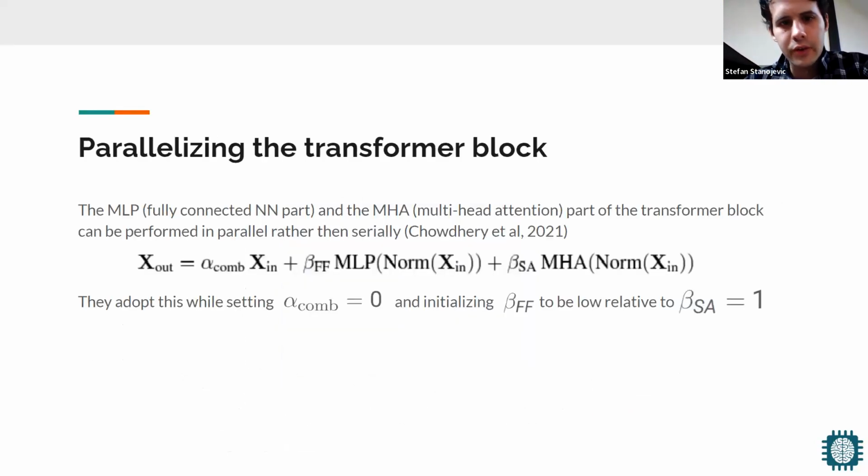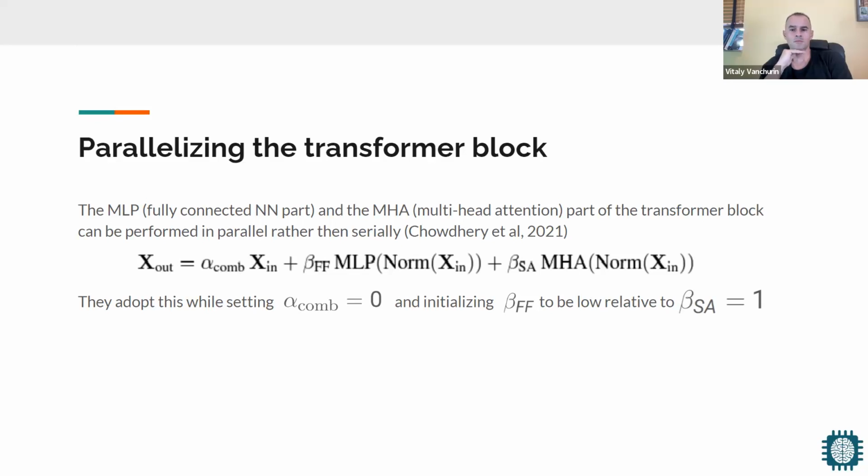But then one final thing is just removing or parallelizing the transformer block. This was probably kind of obvious from that diagram I've shown. Basically, because they're going to parallelize the attention part and this fully connected or multi-layer perceptron part, this is going to be the formula that relates input X in to the output of this model.